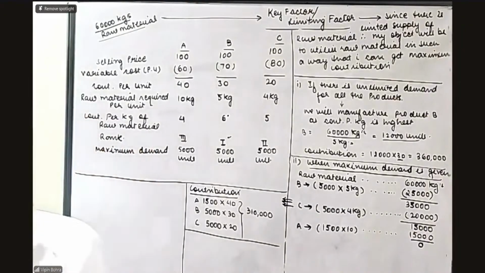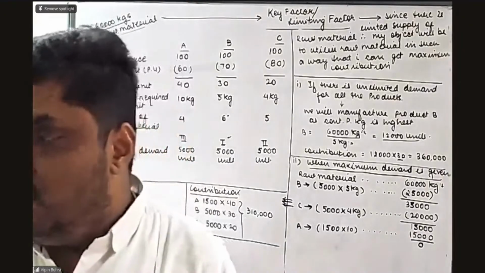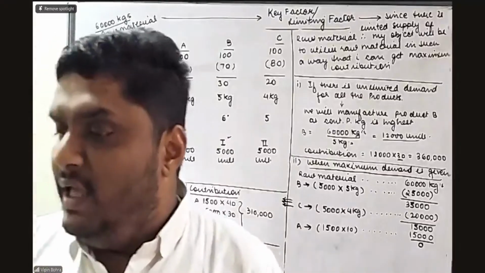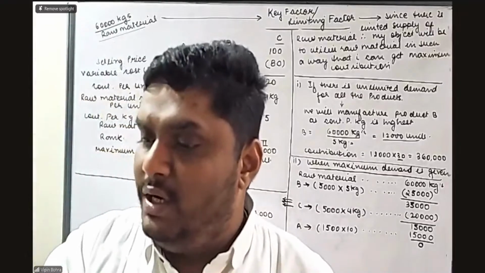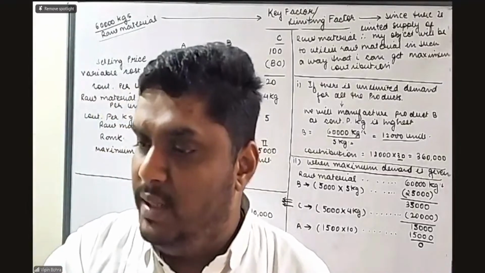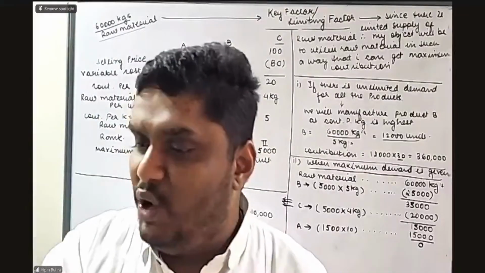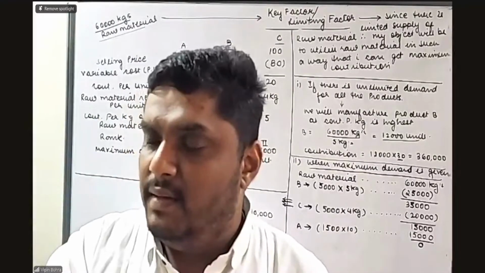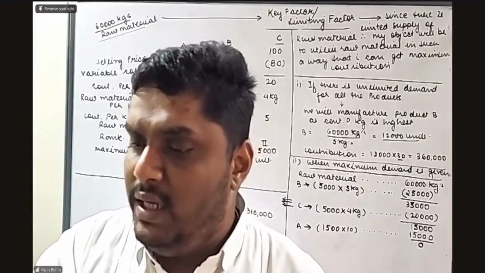Now, anyone with any doubts or queries? Yes. If it is given, no need to calculate fixed cost. This will be given in the question, Minu. The calculation is still contribution only. Anyone with any doubts or queries?